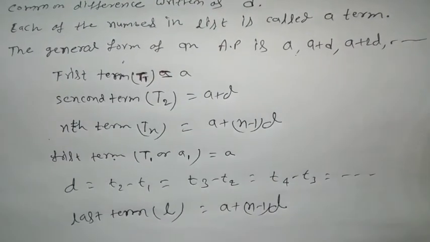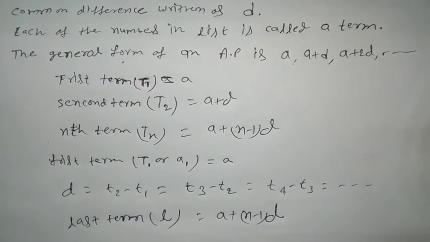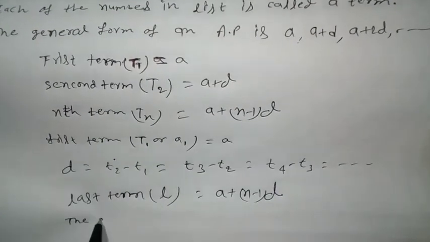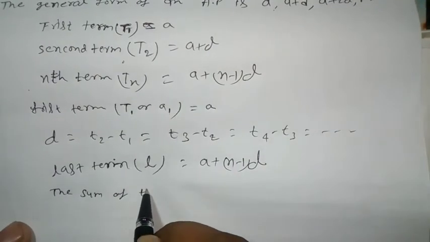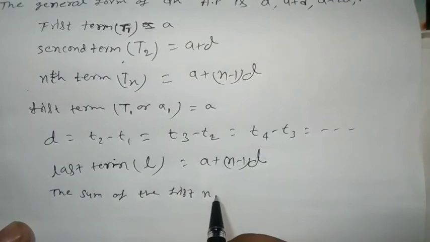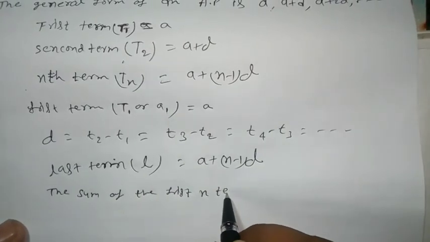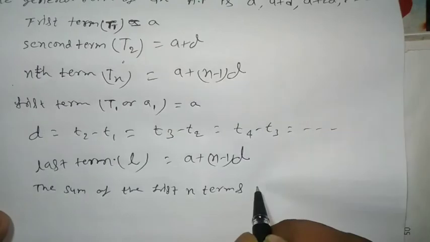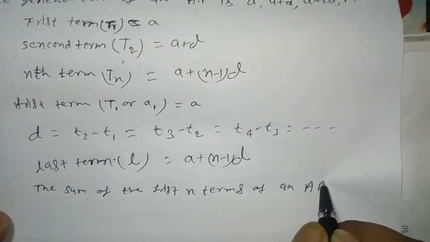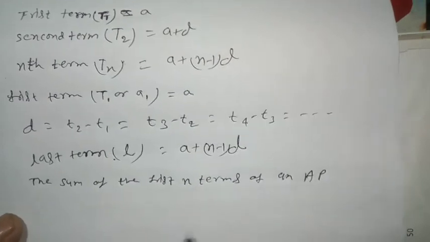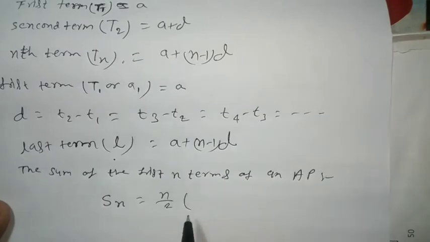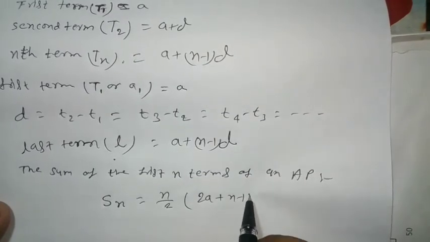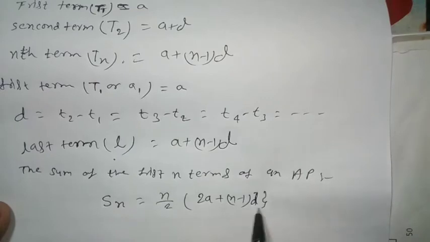Now the sum of the first n terms of an AP, Sn, is equal to n by 2 into 2a plus n minus 1 into d.